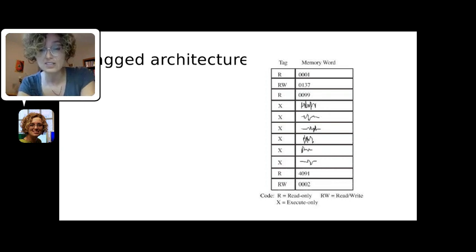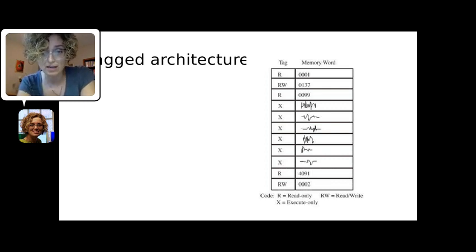So the tagged architecture, do not confuse this with the access controls that we discussed in chapter 2, where we had read, write, execute for whole files. This is about memory addresses. So a memory, or memory words, as you can see in this slide. A memory word that is tagged with read or read and write tags has different protections and different access controls. But the tagged architecture is about memory.